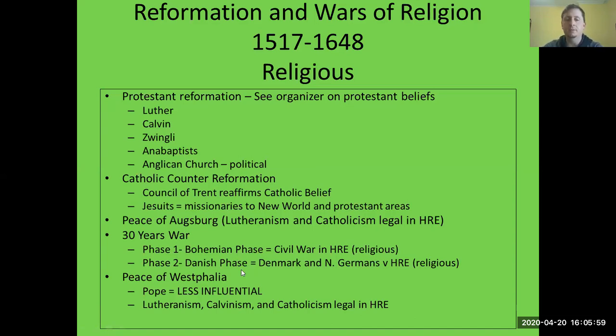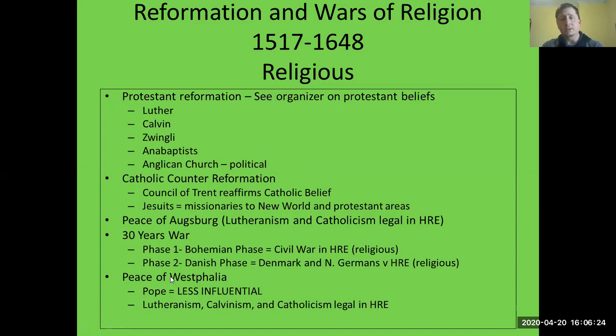And so in phase 1 and phase 2, these are primarily religious conflicts where you've got a civil war within the Holy Roman Empire. In the Bohemian phase, you've got the Lutheran Danes fighting the Lutheran North Germans fighting the Catholic Holy Roman Empire. And then, of course, we move into phase 3 and 4, which are more political.